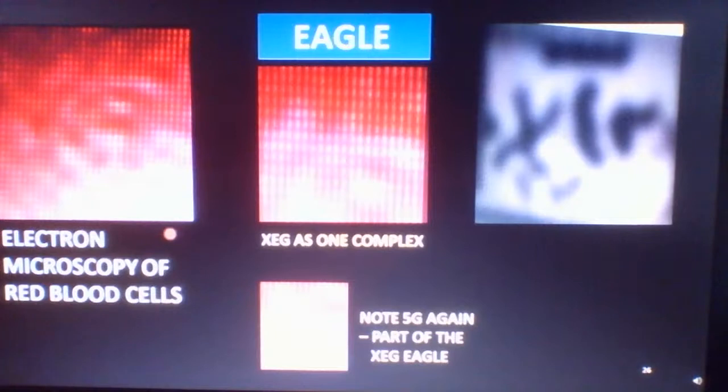Now, I found SEG as well in the red blood cells. This is electron microscopy of red blood cells. From there, you can see the ego and the 5G. I cropped it out, and this is the ego, and that is the 5G. And now the ego, like our manuscript says, is an S with a G hanging on one of the legs.